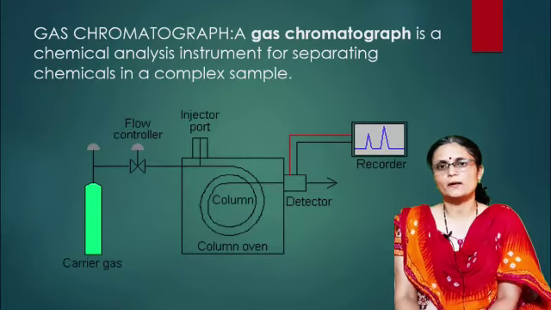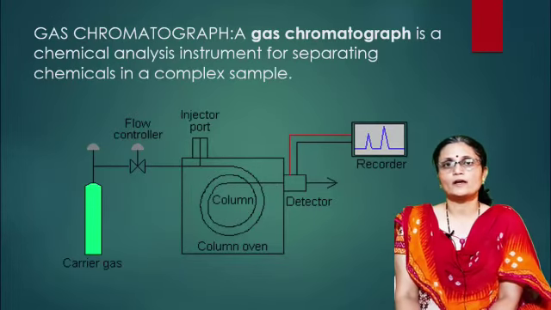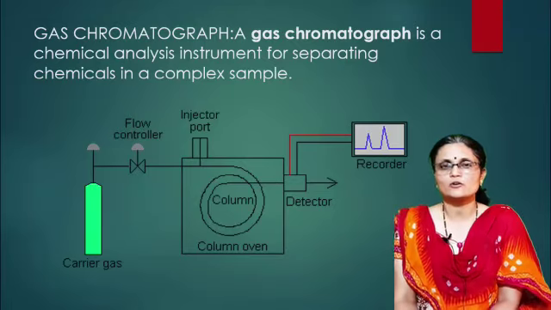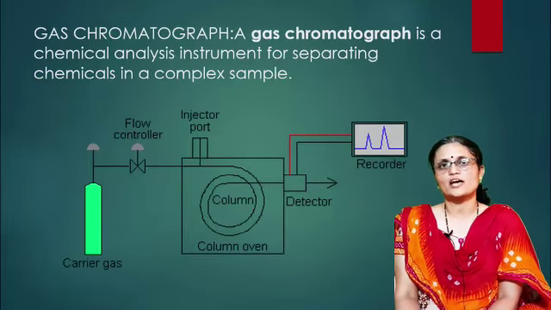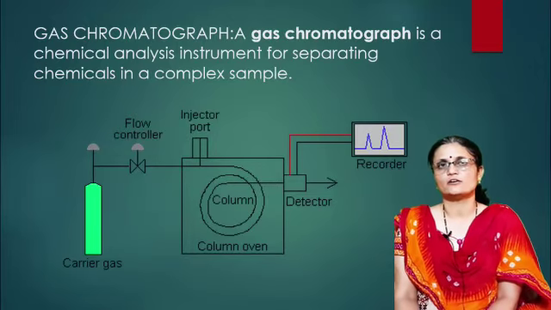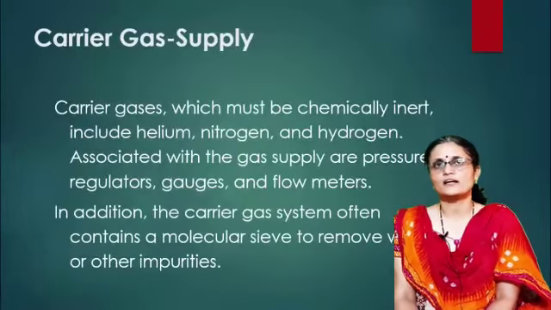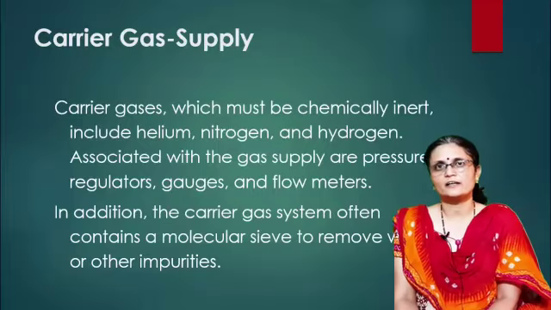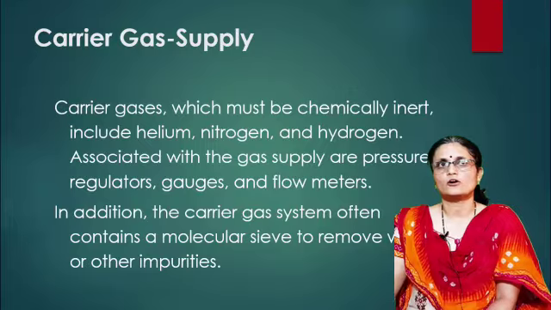Obviously we are going to place the column in the oven. Why? Because we require gaseous samples or those samples which can be vaporized at the column temperature. Then this column is connected to a detector, and the detector is in turn connected to a recorder.